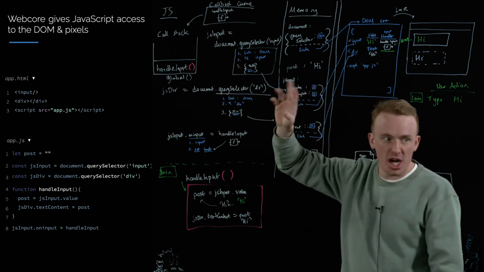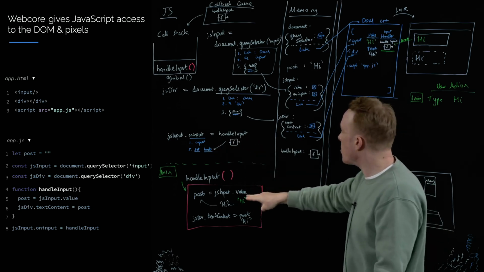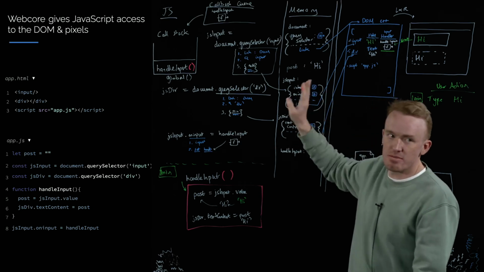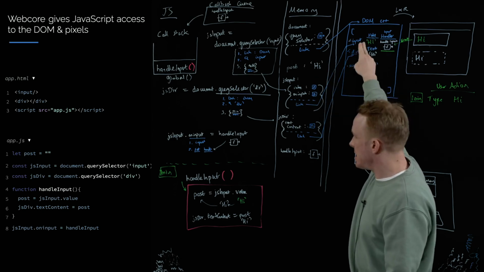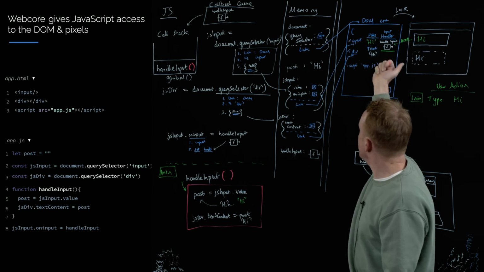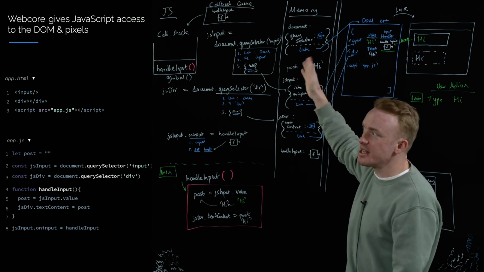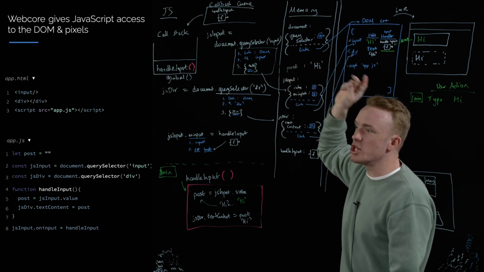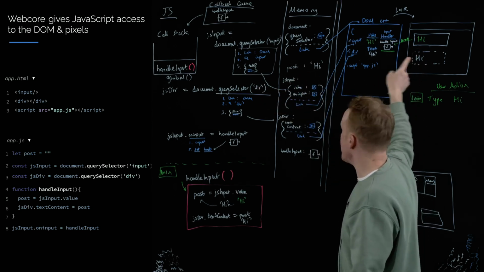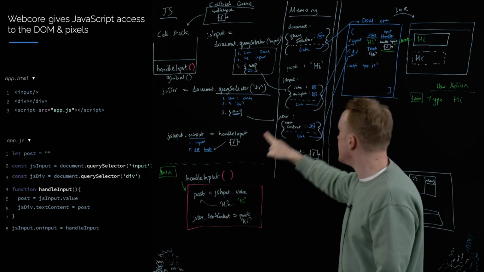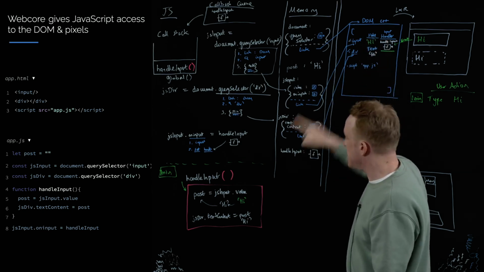Parens are added by JavaScript's engine on our behalf, a brand new execution context is created to run that code, where we then used our global accessor objects to these DOM elements to find input, grab what the user had typed in value, and stick it in the post JavaScript data. We updated our underlying data in JavaScript, where we can run code on that data to determine where to display it back on the page, which we did via the text content setter on the JS Div accessor object for the div element on the DOM, where we then set its text content.